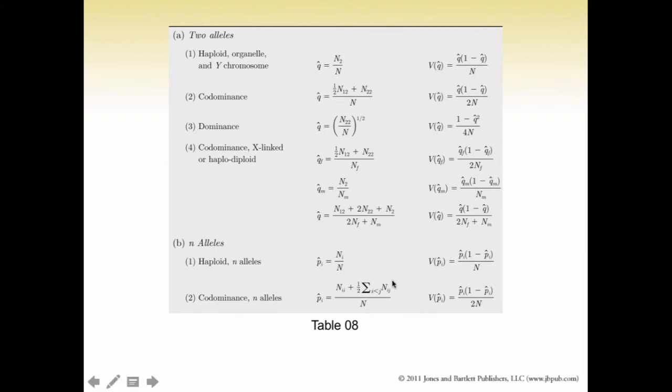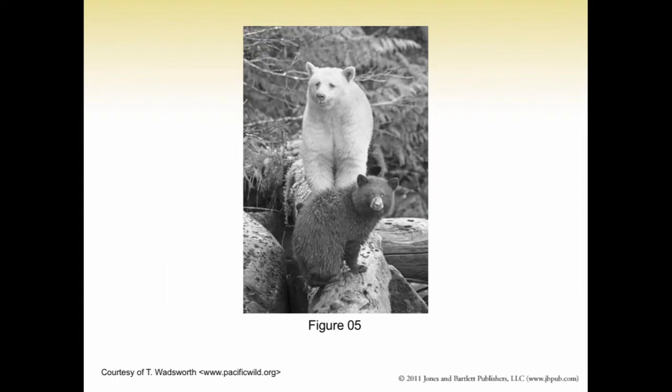So this table, it's table 8 from your text, shows you how to modify the Hardy-Weinberg approach for haploid, organelle, and Y chromosome, as well as for cases where there's dominance, which does affect the phenotypes we observe because the heterozygote is the same as the homozygote.